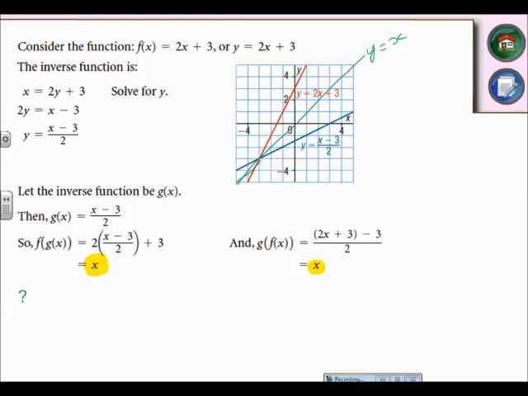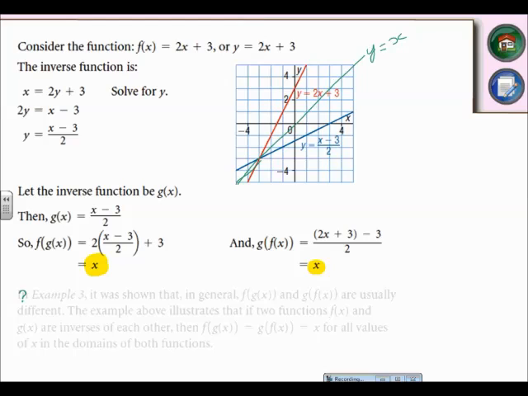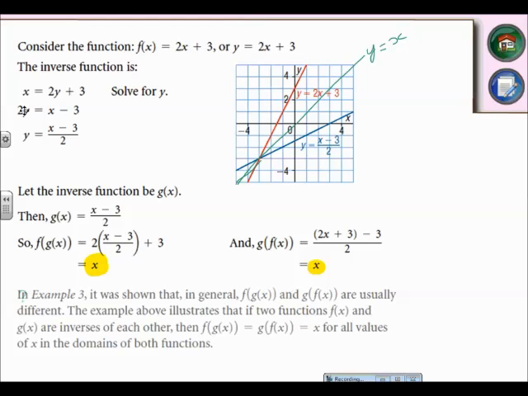In essence, what's happening is that the two of those graphs, the composition, is collapsing in on the line y equals x. This is only going to be true if the two originals were inverses of each other. And that is going to be one way of determining if two functions are inverses.